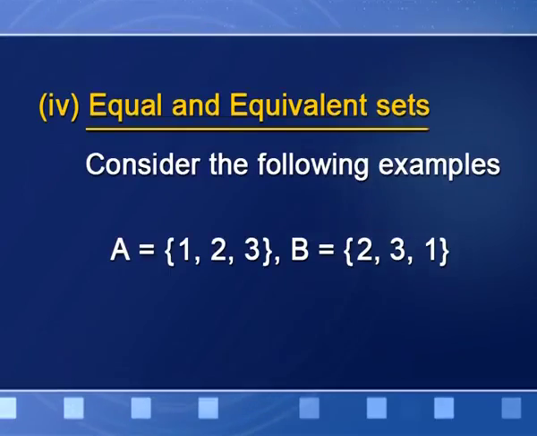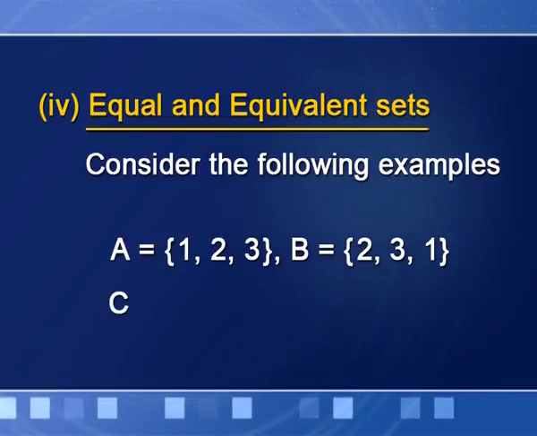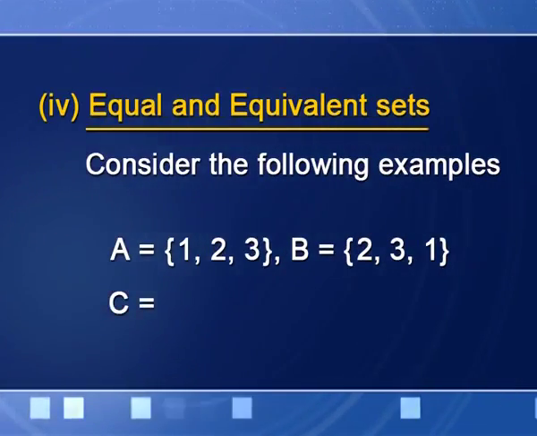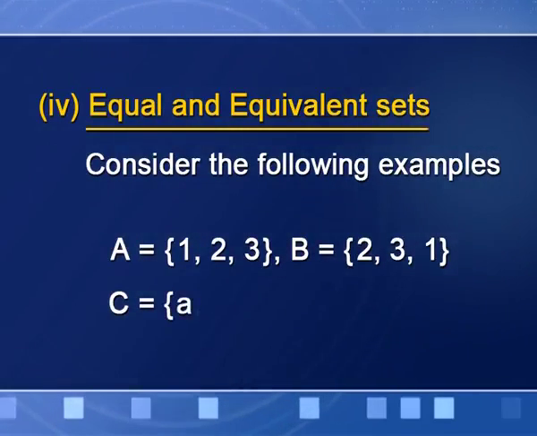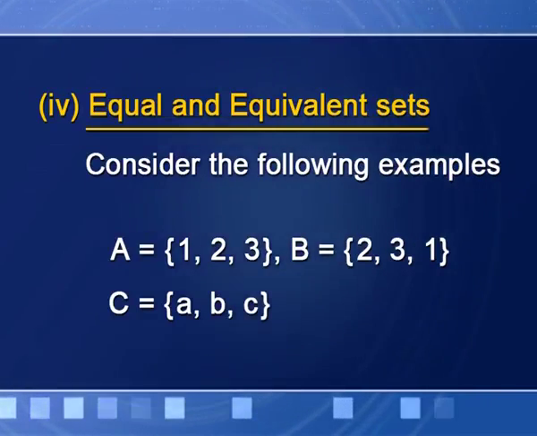And if we talk about equivalent sets, they are the sets which are having an equal number of elements, but the elements will be different. They will be equal only in their numbers. For example, a set C which is equal to the set containing elements a, b, c.